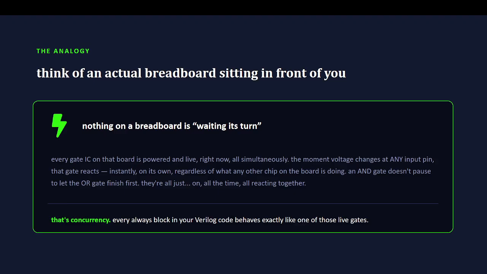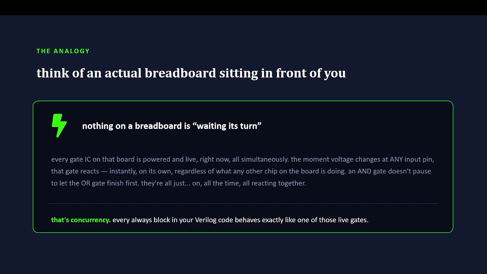Let me make this concrete with something you have probably physically touched, a breadboard. Picture one sitting in front of you right now. You have got a couple of 7400 series ICs plugged in, say a quad AND gate chip and a quad OR gate chip, with jumper wires connecting them into some logic circuits.